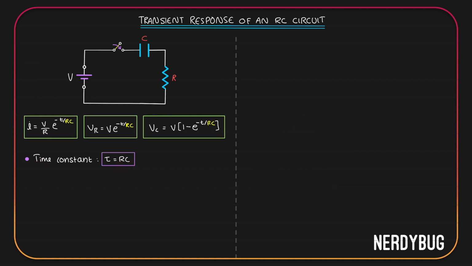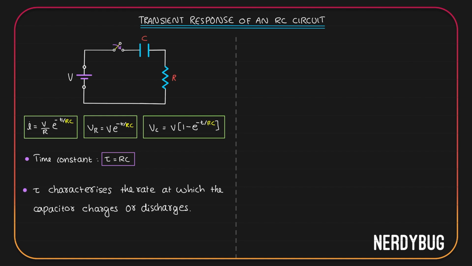Now, what is the significance of time constant? Time constant characterizes the rate at which the capacitor charges or discharges. For example, let us see what happens when one time constant has passed. That means t is equal to tau. We know I is given by V by R e raised to minus t by RC, but let's write RC as tau now.